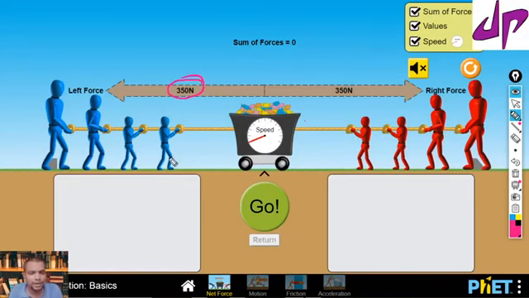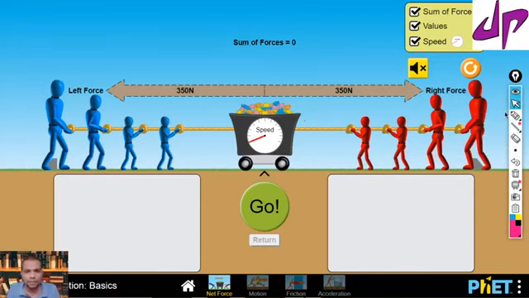And the red team also applies the same amount of force in the right direction, 350 Newton. Now what is the resultant force? If both are applying the same force in opposite directions, there will be no resultant force.